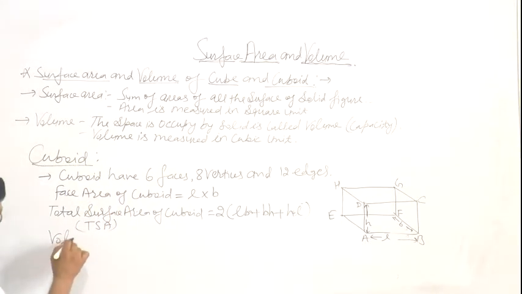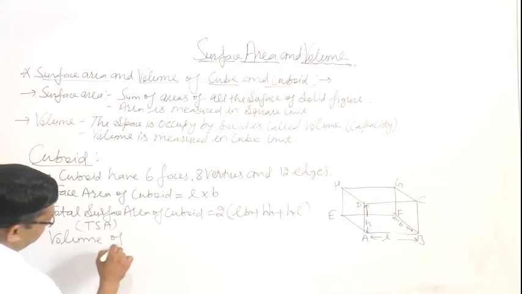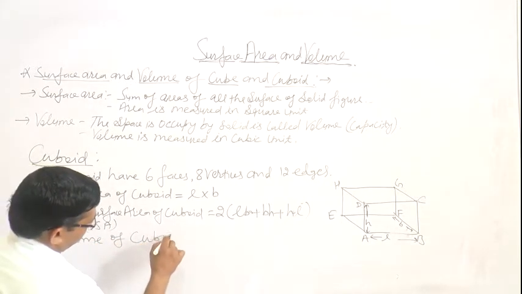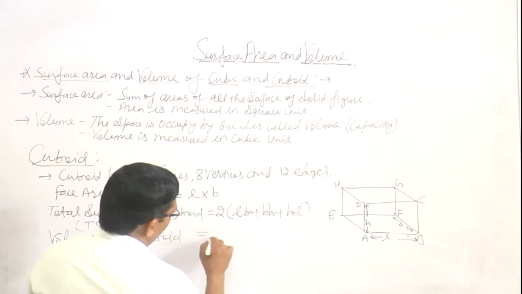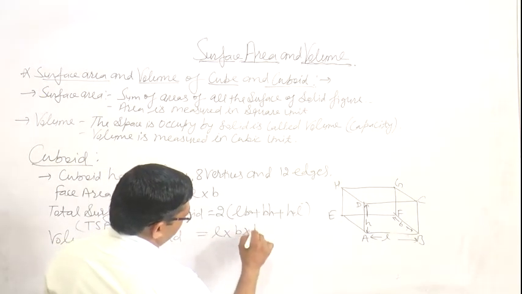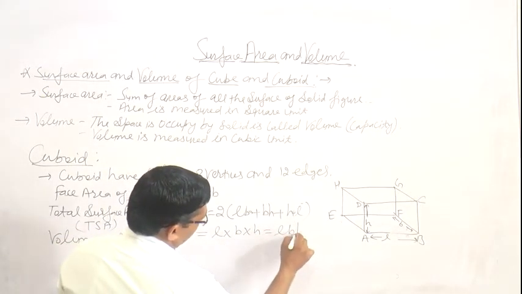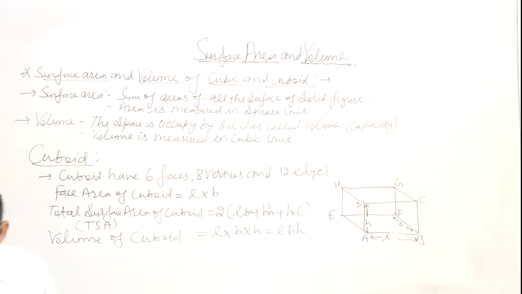Then volume. Volume of cuboid is equal to L multiply B multiply H, which is LBH. Volume of cuboid is equal to length multiply breadth multiply height, that is known as LBH.